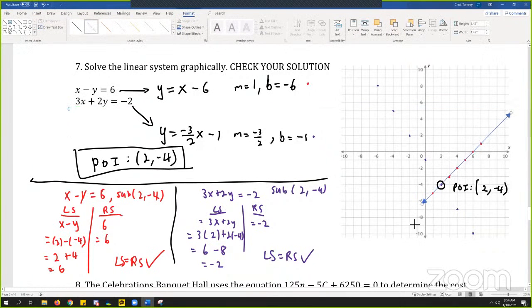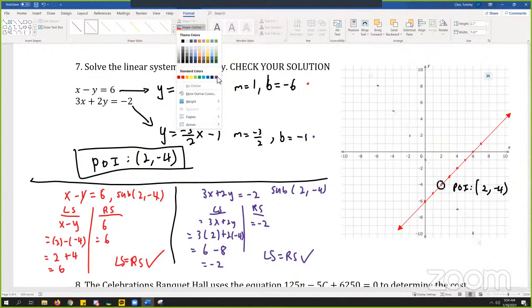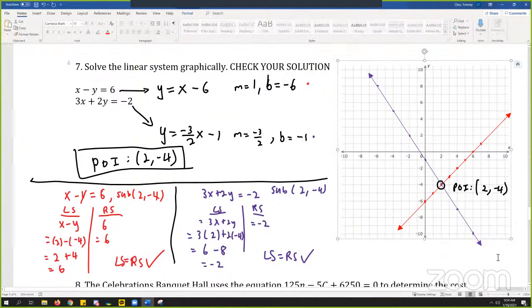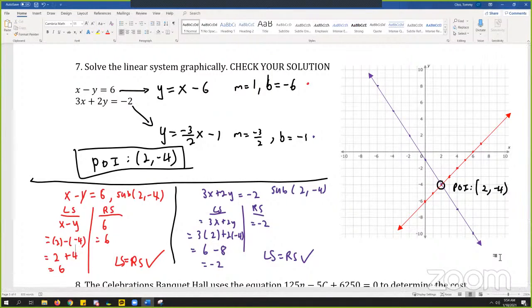If I draw the line doing this, that's my first line. And if I draw another line doing that here with my purple, okay, just like that, we can clearly see the point of intersection where they cross is 2, negative 4. That's our answer. That's our solution. So the point of intersection is 2, comma, negative 4.